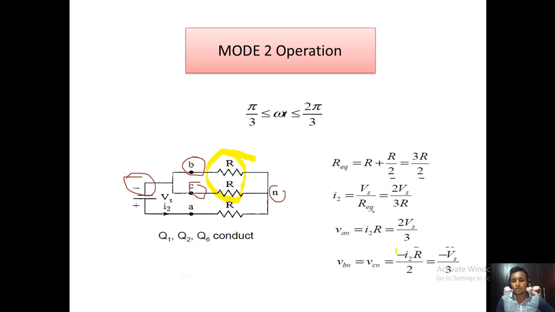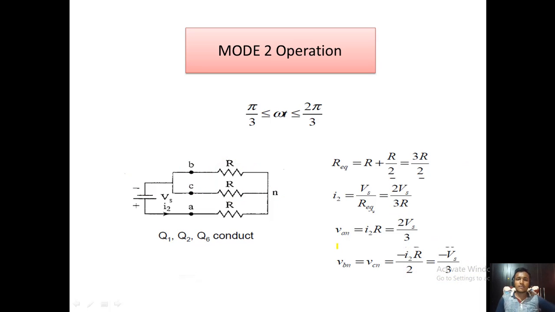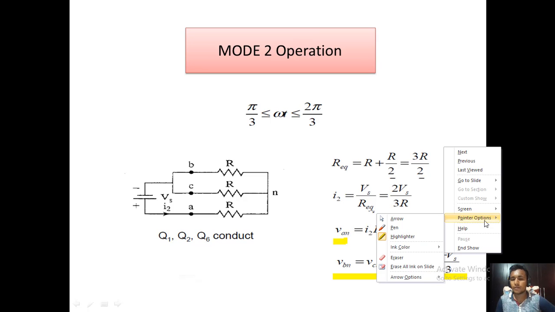If we find the answer, the 2 cancels, and the R also cancels. So the answer is minus Vs by 3. So in mode 2, the phase voltage is 2Vs by 3 and these two phase voltages are minus Vs by 3.